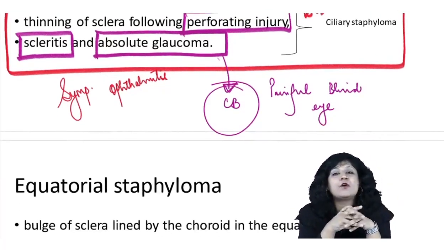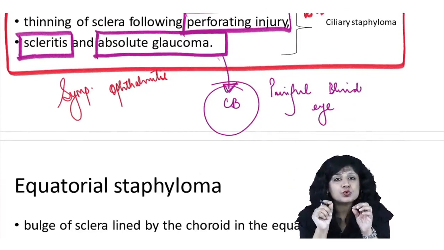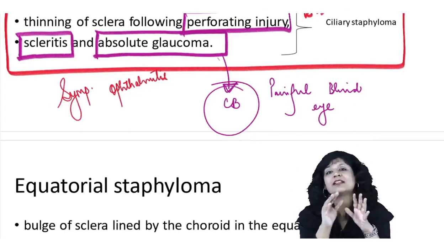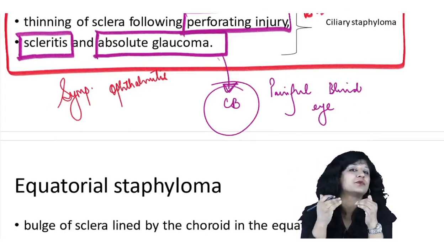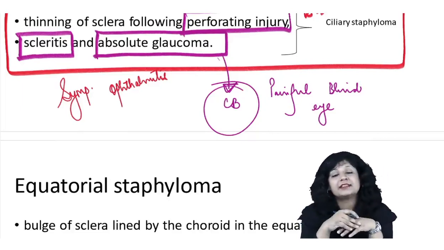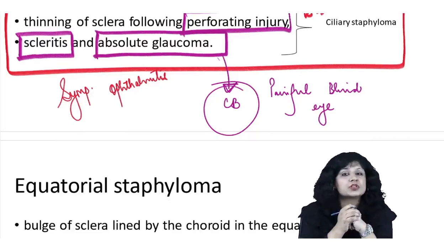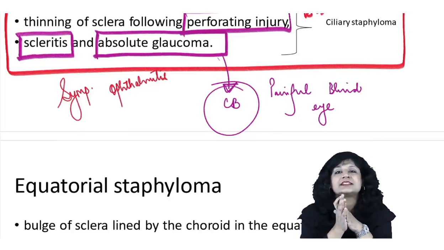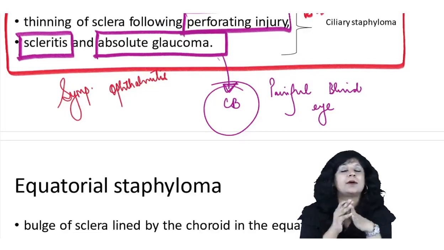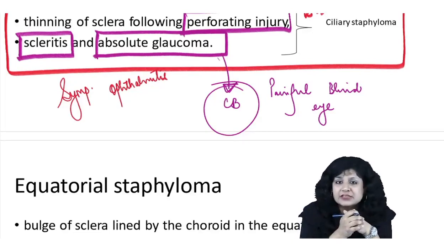So ultimately what we have to do is actually destroy that ciliary epithelium so that aqueous humor stops forming. So in that matter, absolute glaucoma can show the ciliary staphyloma when you are manipulating it at the level of the ciliary body.